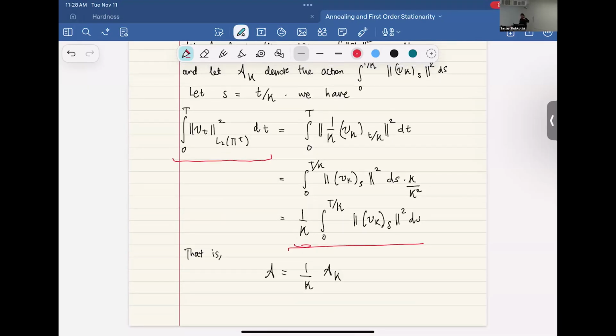There are two kappa terms in here and one kappa term out here, and they cancel, so you get one left over. So A is the action of the original path pi t, and A kappa is the action of the path pi kappa t, and A kappa is 1 over kappa times A. The action of the new path is 1 over kappa times the action of the original process. That's the whole point: we're reducing the action.